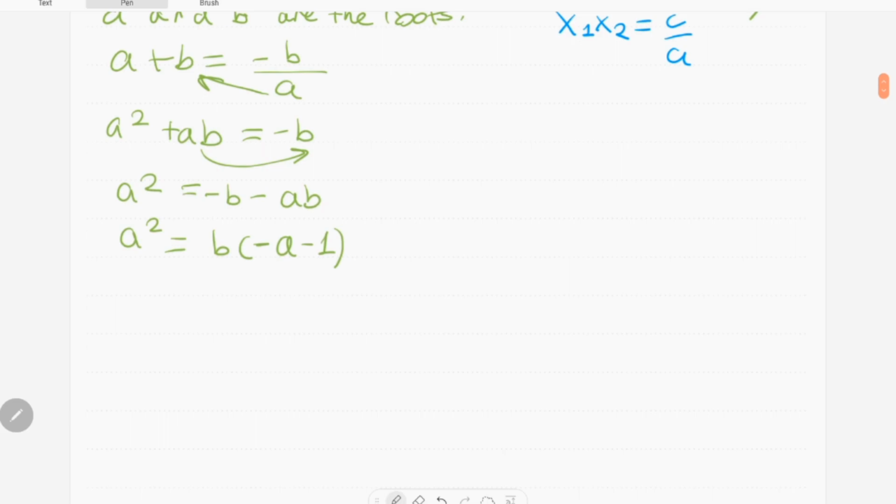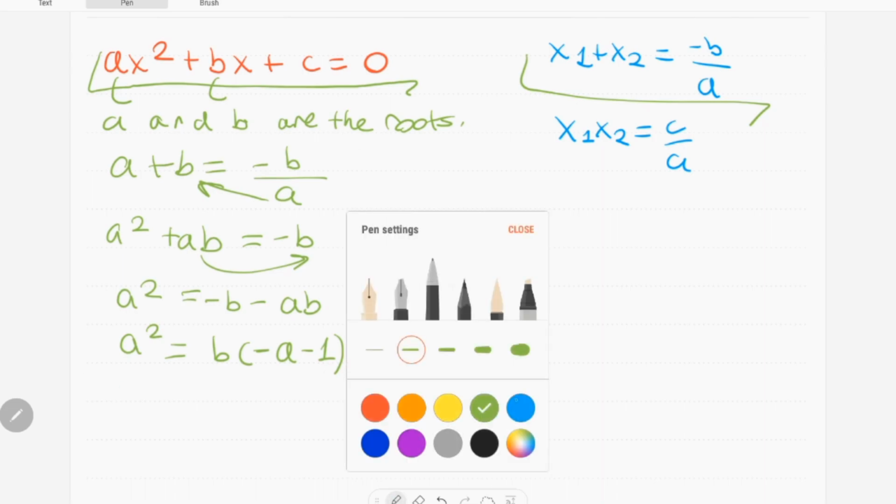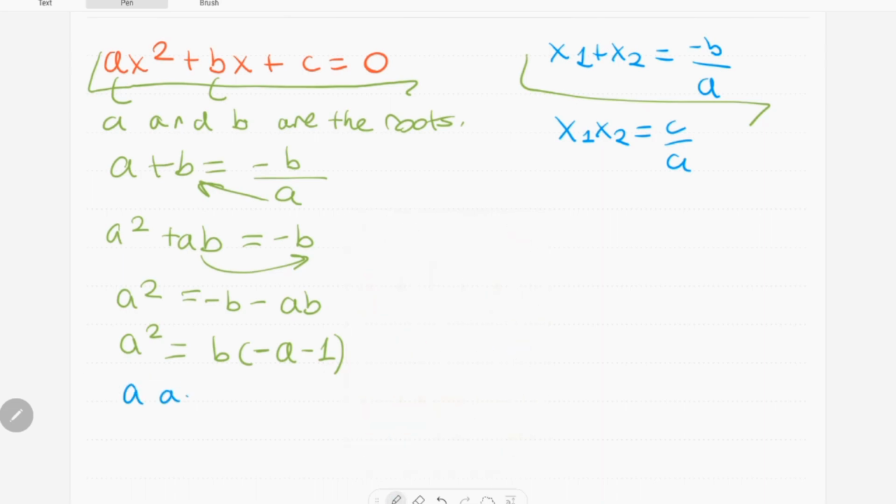So I know that if this is an equation with integer coefficients, both this and this should be integers. So I know that a and b are integers. Is that right? Yes.